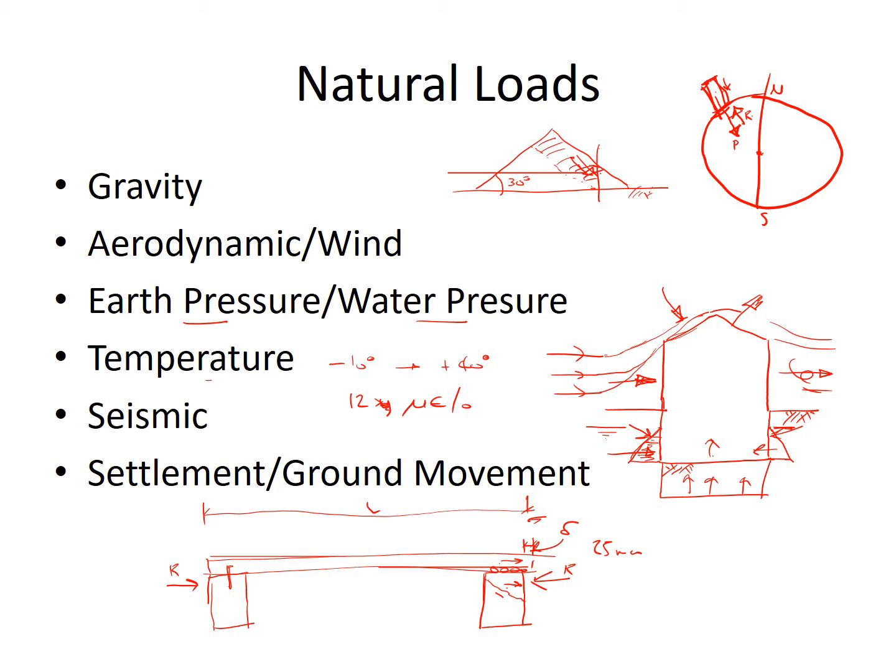So although we recognize that there would be a load with temperature, we're usually designing for temperature effects by detailing the structure such that these loads don't come to light. So although we can work out that this would undergo 12 microstrain per degree under temperature variation, we might choose, instead of trying to resist it at the abutment, to allow it to move.